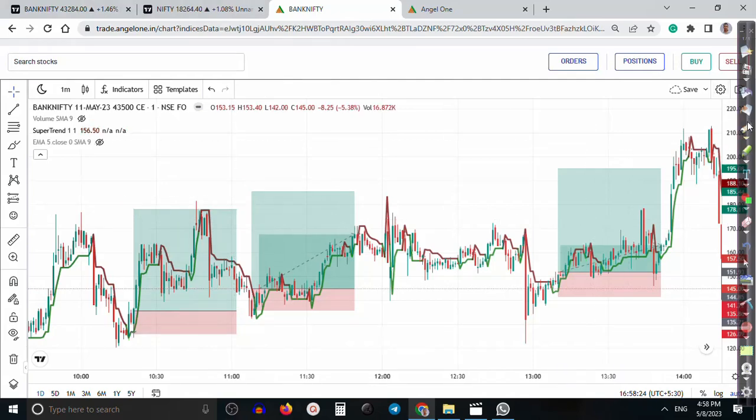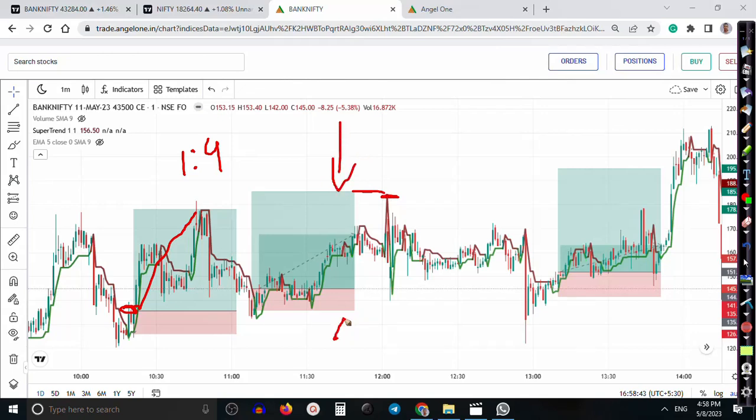The first trade we placed here, and it's 1:4. It hit my target. The next trade, almost near 1:4. This is my rule: until it hits my target, I never close my position. Either it will hit my target or it will hit my SL.